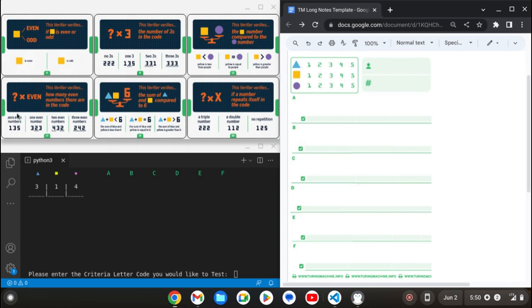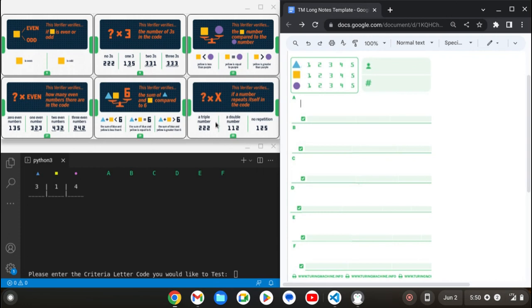Are there no evens? Is there 1, 2, or potentially all 3 of them are even? Criteria card E will look at the first 2 digits, the triangle and square, and take their sum and compare it to the number 6. So should the sum be less than 6? Should the sum be equal to 6? Or should the sum be greater than 6?